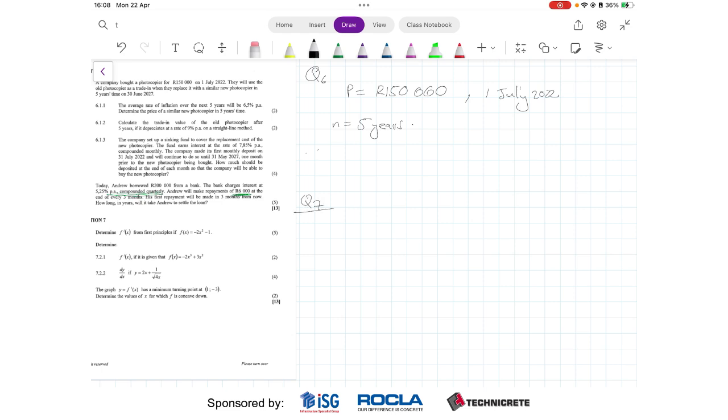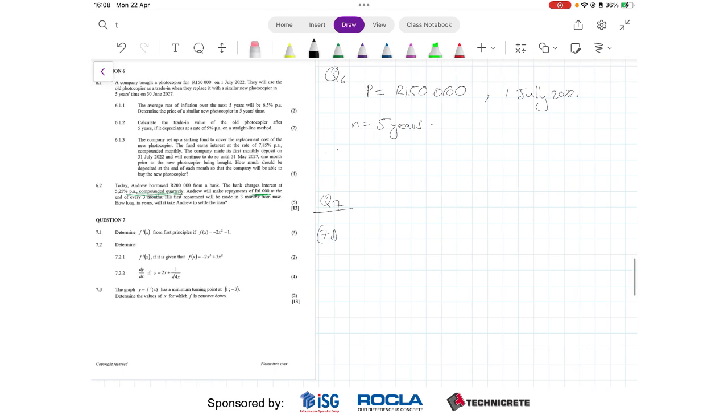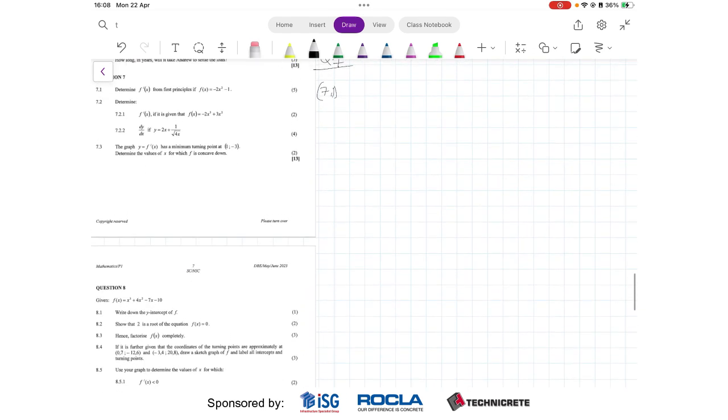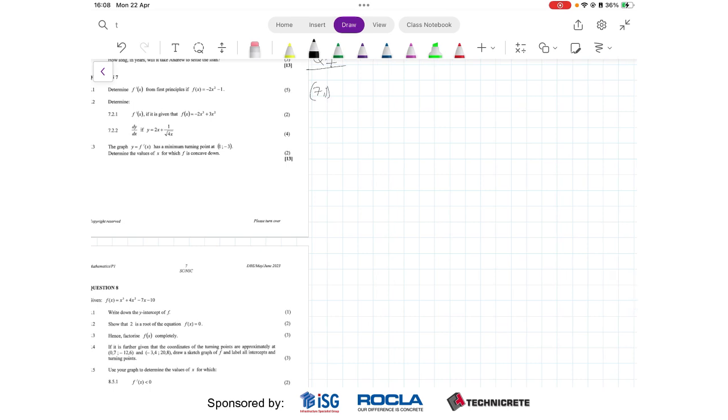Coming to question 7, 7.1. We are asked to determine f prime at x from first principles if f at x is equal to minus 2x squared minus 1. Now, what must you do in order to find f prime?